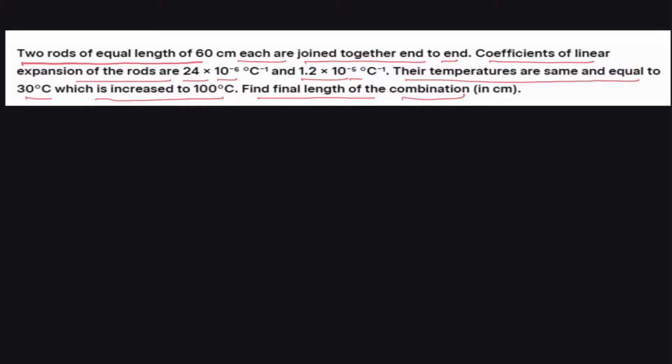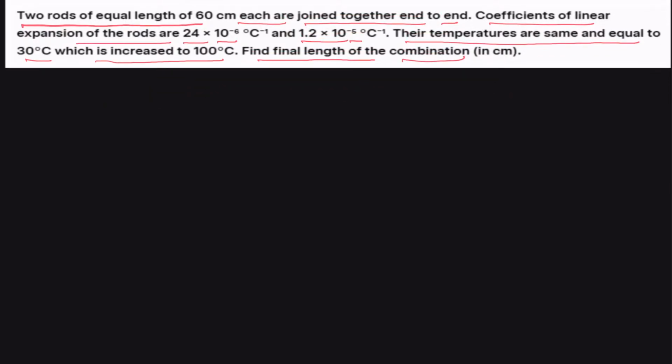So in this case, we are going to use the basic formula, and we have to remember that although we have two rods which are connected end to end, and their lengths are equal, their coefficients of expansion are different. So we can say the change in length with temperature of these two rods will be entirely different. Each rod expands independently.